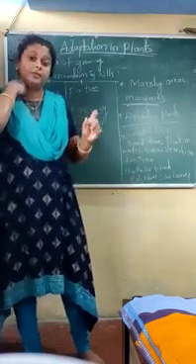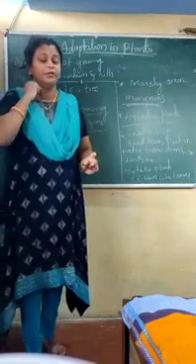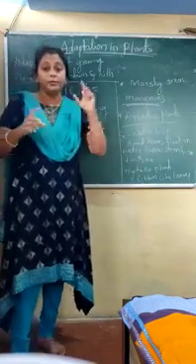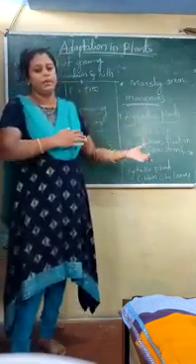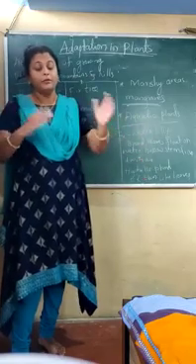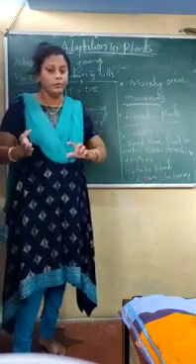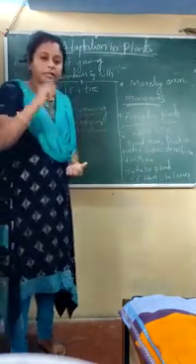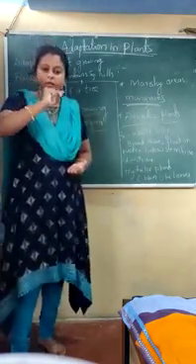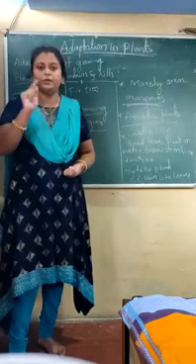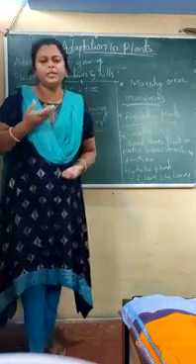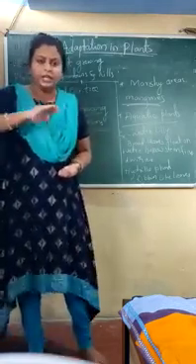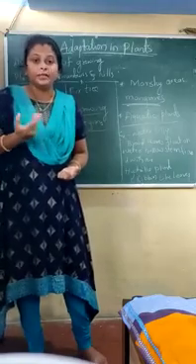Because of this adaptation, the tree is strong even in forceful wind and in heavy rainfall. You can also see the structure on the leaf of the coconut tree is very shiny, like a wax layer.